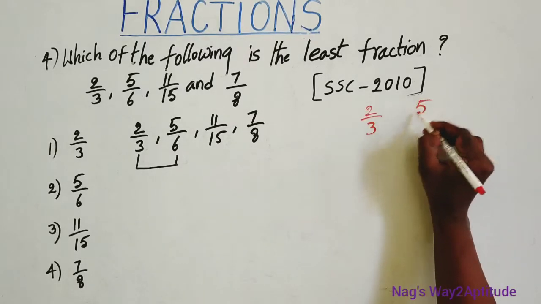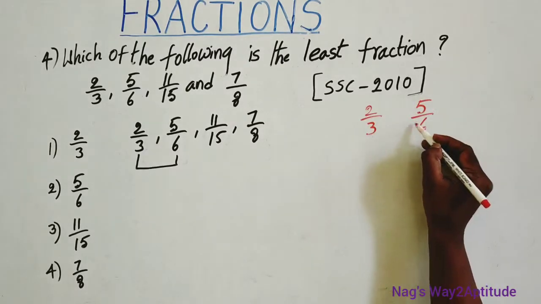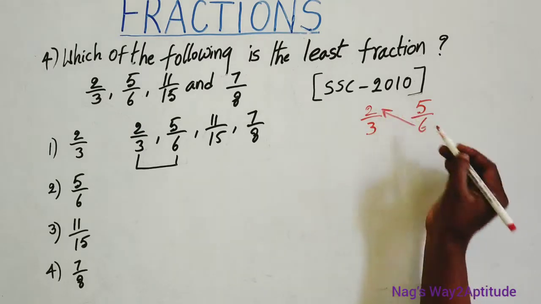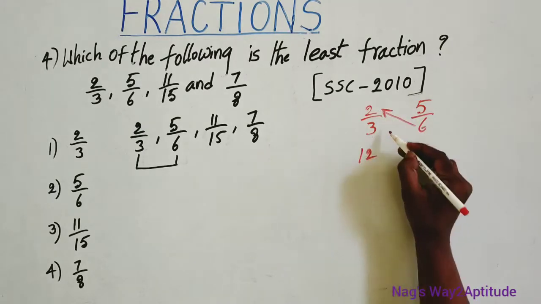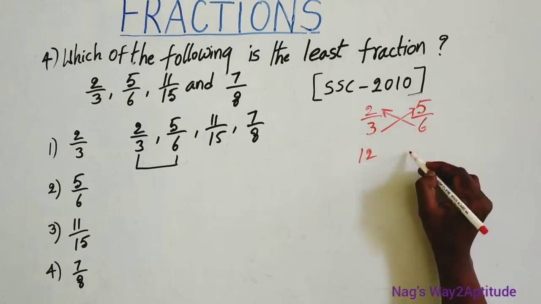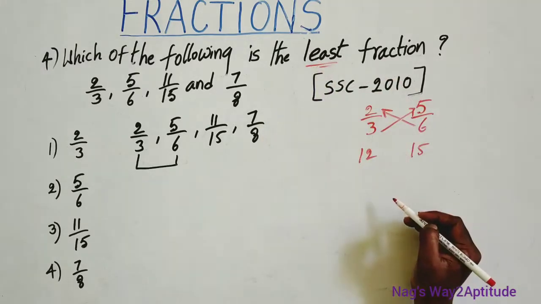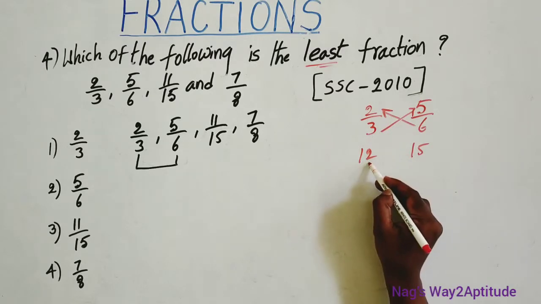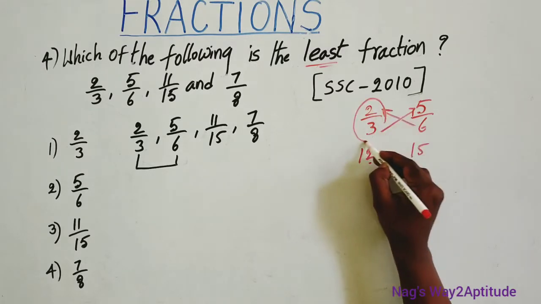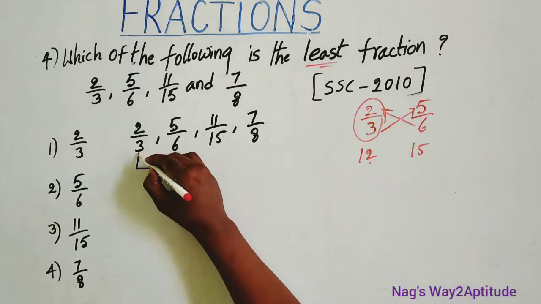Now you do cross multiplication. 6 2s are 12 and 3 5s are 15. Here we need the least fraction. So what is the least one between these two? 12 is the least. So 2 by 3 is the least one.